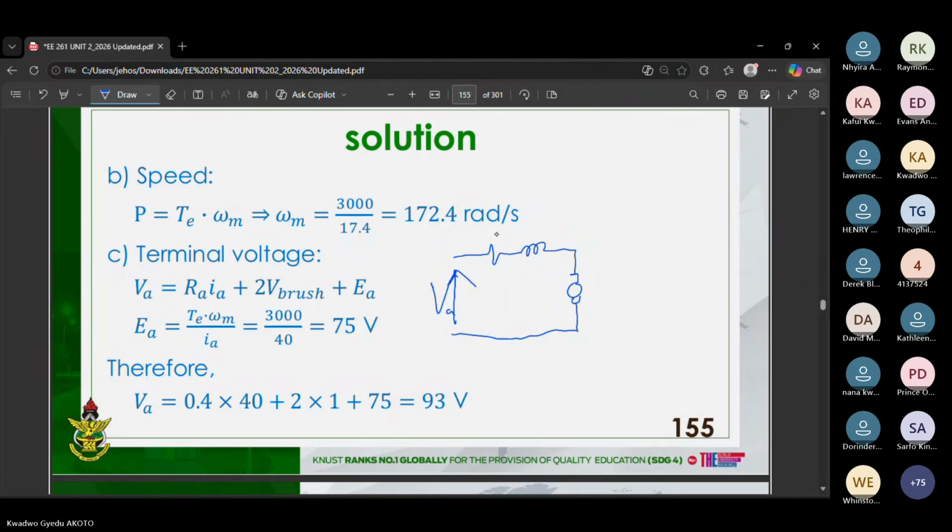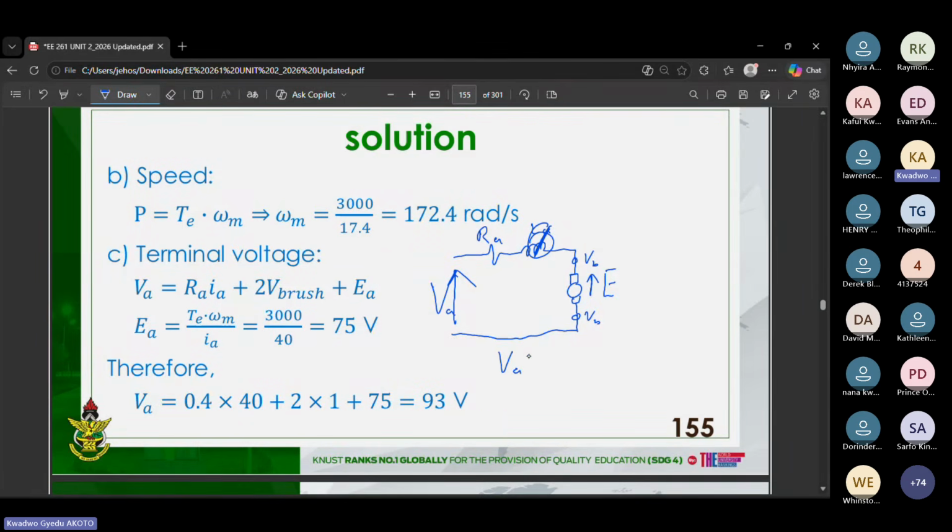We're also going to have a commutator brush here. So we have RA, LA, but the question didn't give us an LA, so we take LA to be 0. Then VB, a drop across this brush, and VB, a drop across this brush as well. And then we have our induced EMF E, right? So from here, using KVL, sum of sources is equal to sum of drops, right?